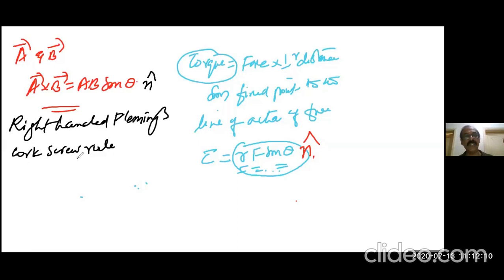The direction of cross product can be obtained by the right-handed Fleming's corkscrew rule.